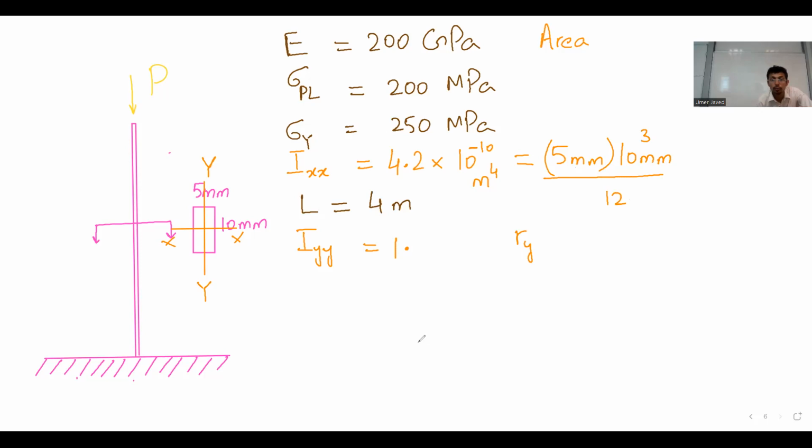And the second question of Mitch is how to find IYY. That is B H cube. Mitch, did I answer the question, right? Okay, thank you. What is IYY? 1.04 times 10 to the power minus 10? Yes. Okay.